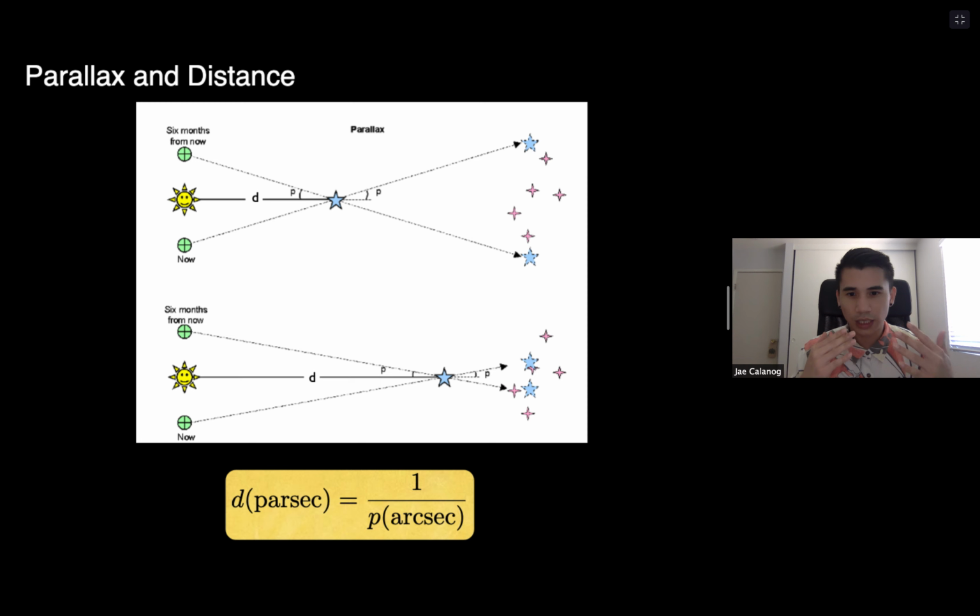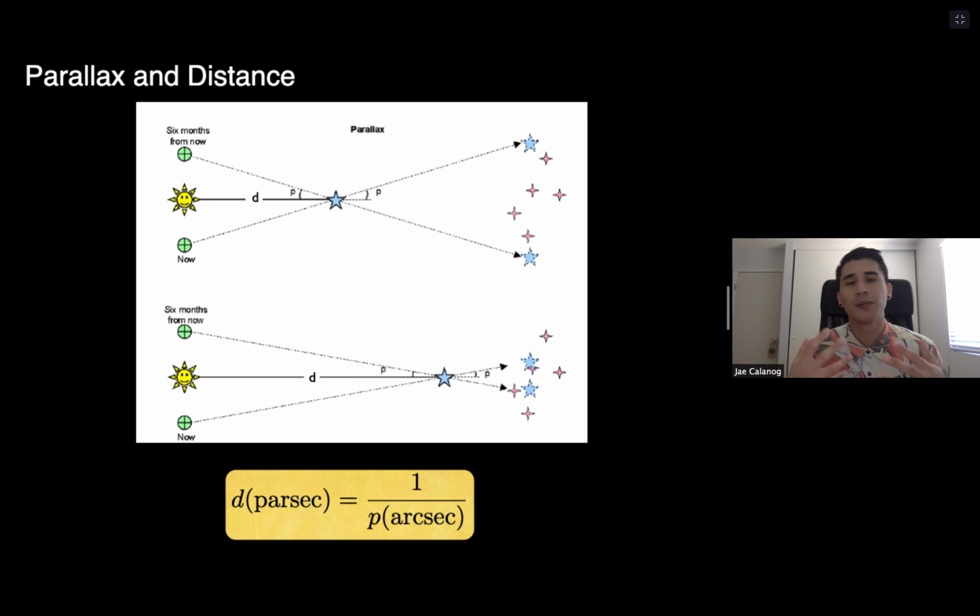So if you have some sort of parallactic angle and you say it's in arcseconds, it turns out 1 divided by that parallactic angle P is going to give you the distance d in parsecs. So it's a fraction, but don't freak out. All we really care about here is mathematical reasoning.